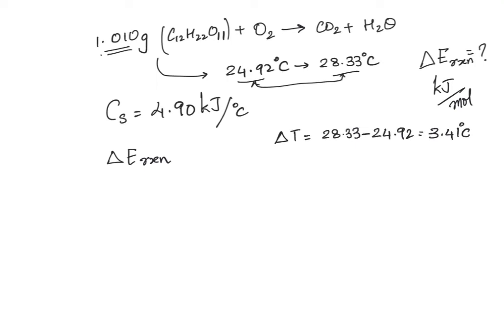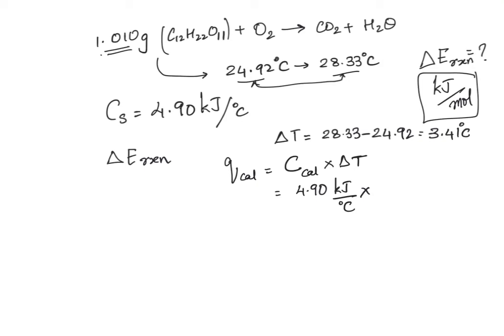We know the formula for Q of the calorimeter, which is heat capacity of the calorimeter multiplied by delta T. So this would be 4.90 kilojoules per Celsius, and I'm going to keep the units going here because we want to finally end up with a specific unit, multiplied by 3.41 Celsius.